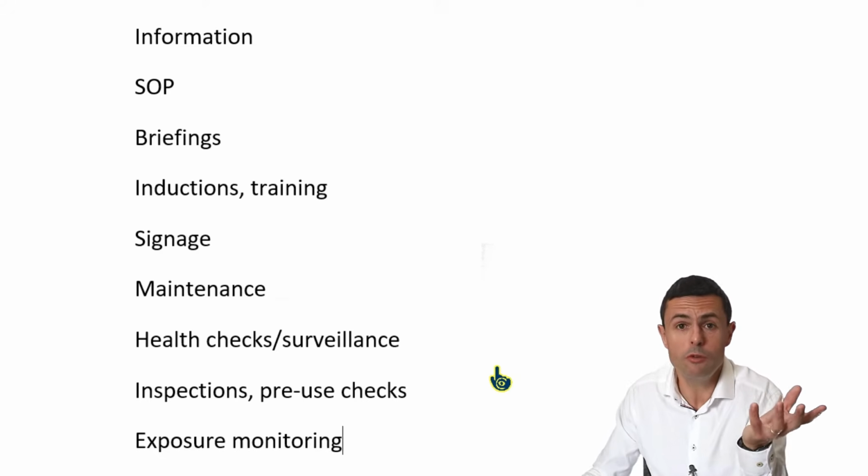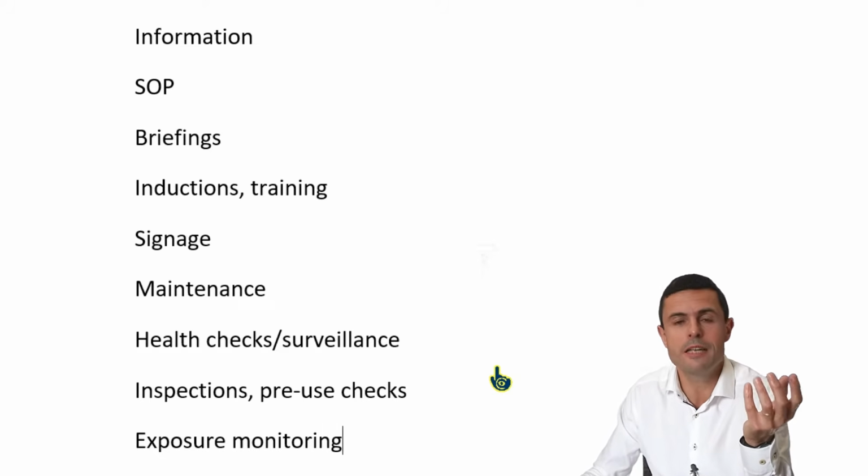Can you have an inspection, a housekeeping inspection? Can you have exposure monitoring? Now, by law, you need to do exposure monitoring for some hazards. Like if it's noisy, you need noise exposure monitoring. Have you got levels of vibration, which might be unsafe? You need to do vibration monitoring. So think about what are the measurements and monitoring that you might have to do. Can you have audits where you periodically audit a system?